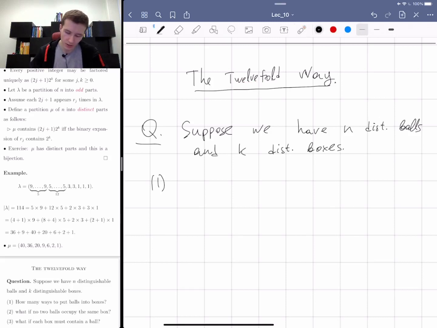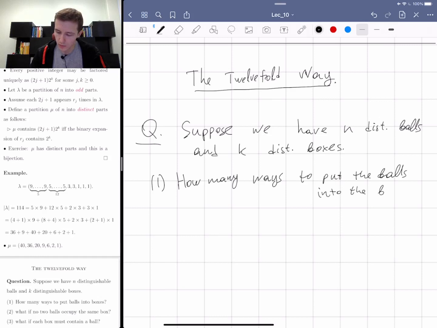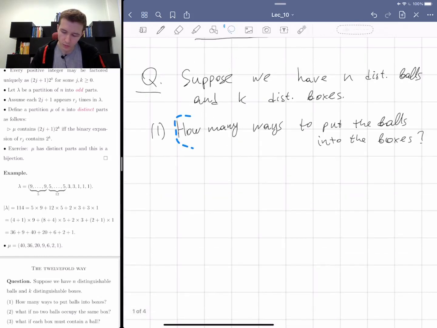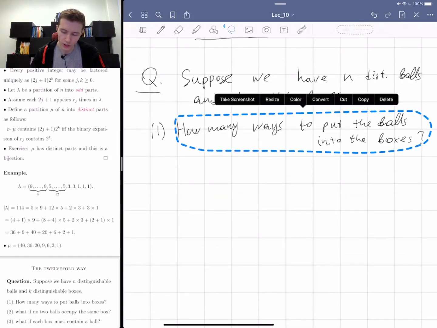The first one is how many different ways to put the balls into the boxes. That's question number 1.